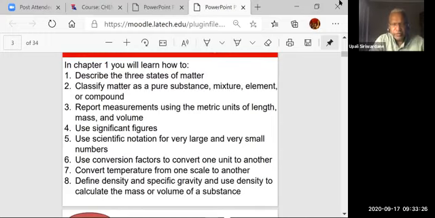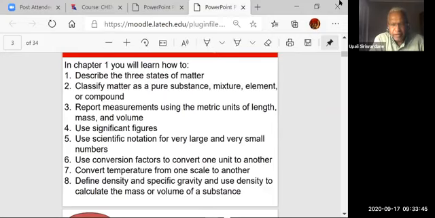And you need to know how to tell the significant figures in a measurement. And measurement has to be shown in scientific notation and normal form. And use conversion factors to convert one unit to another.